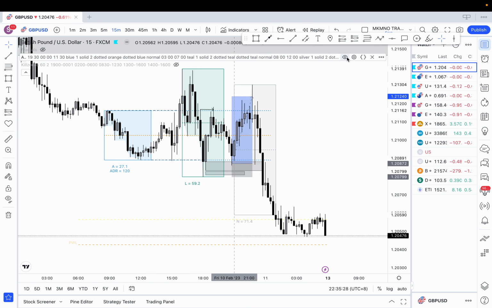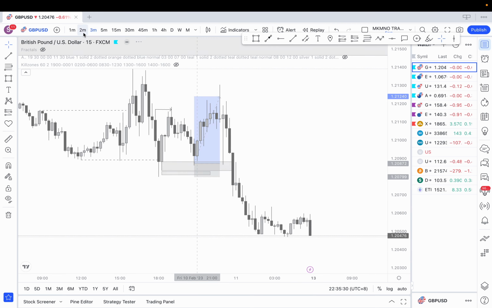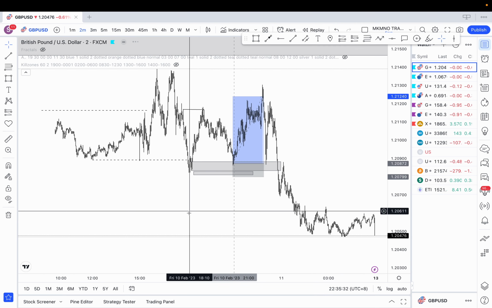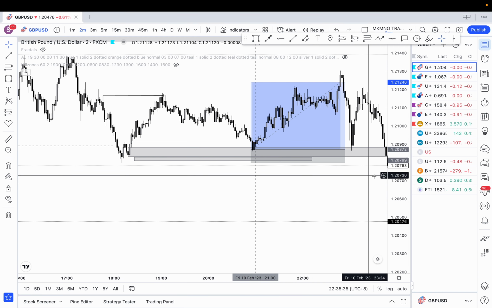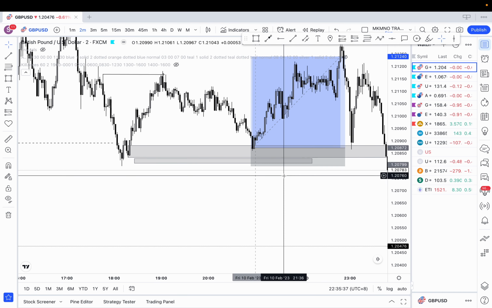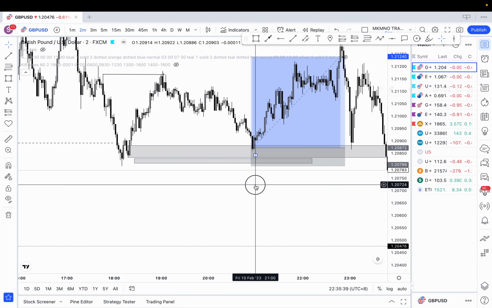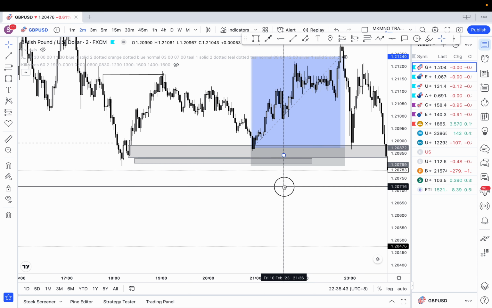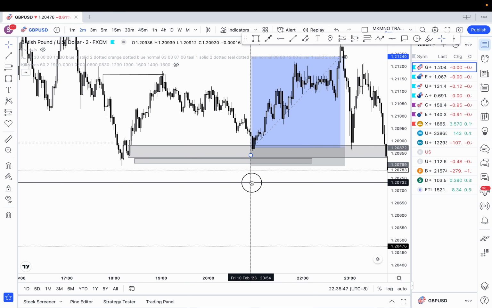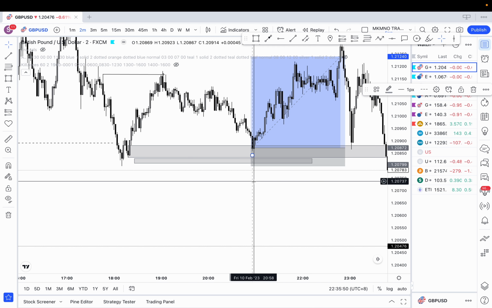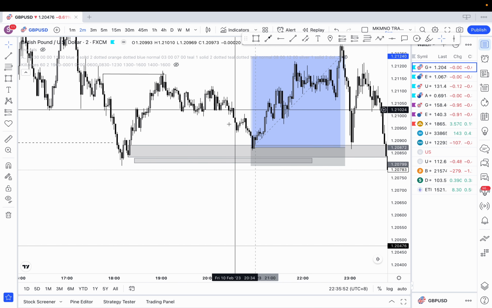So in this situation, on the lower time frame, I waited for New York to kick in again, and like I said, I will only enter trades after around 8 to 8:30, which is 21:30.